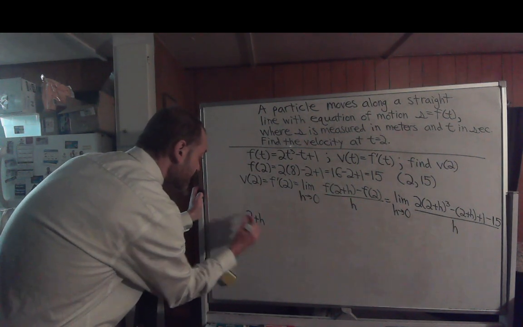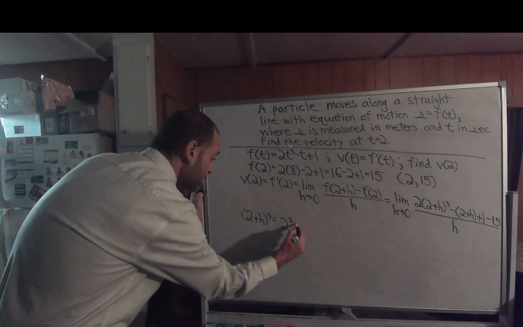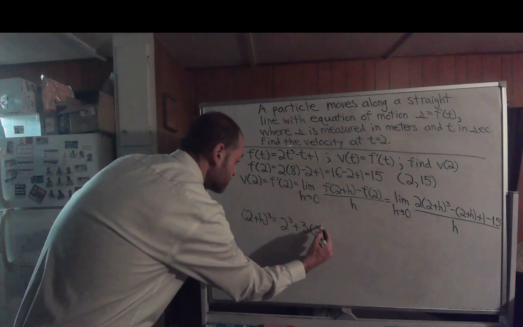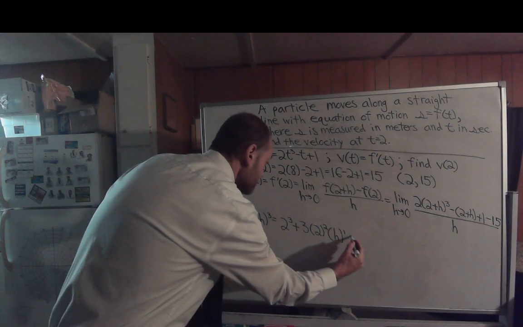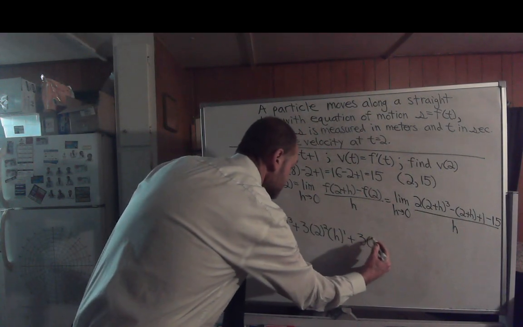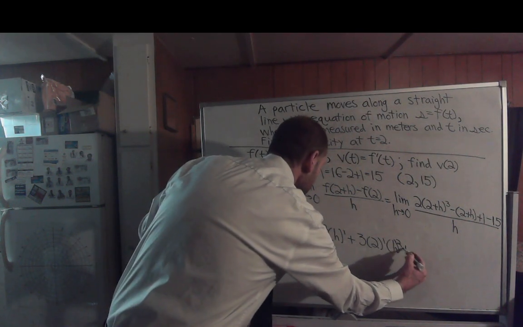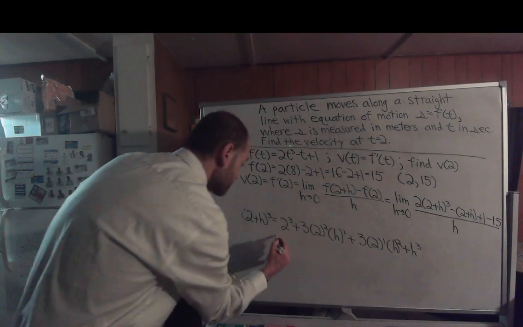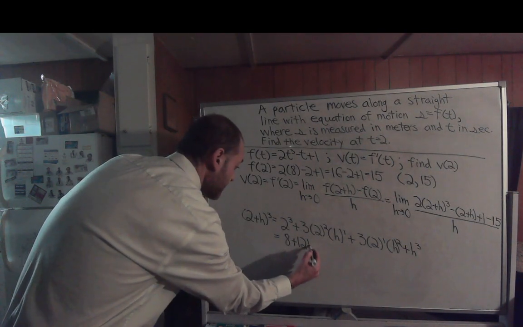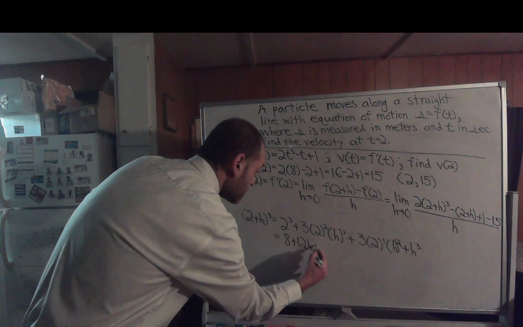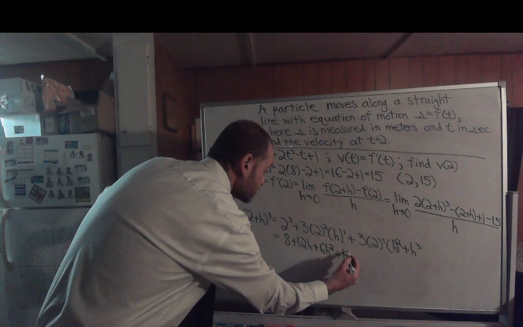So 2 plus h quantity to the third, that's going to equal 2 to the third plus 3 times 2 squared times h to the first plus 3 times 2 to the first times h squared plus h to the third, which would simplify into 8 plus 12h plus 6h squared plus h cubed.